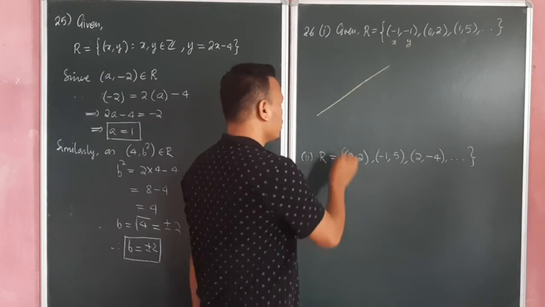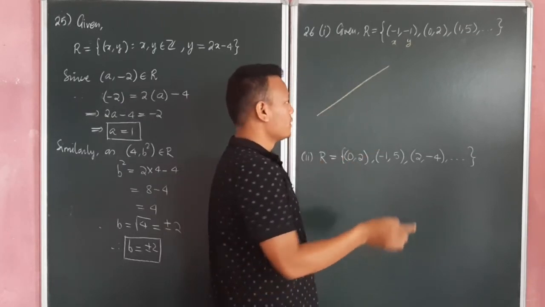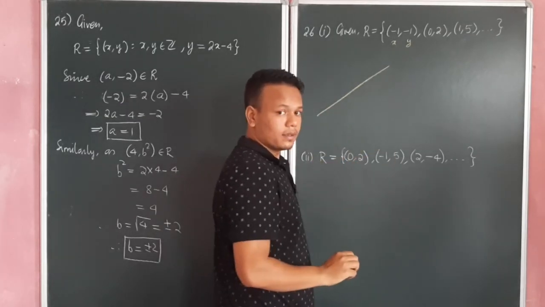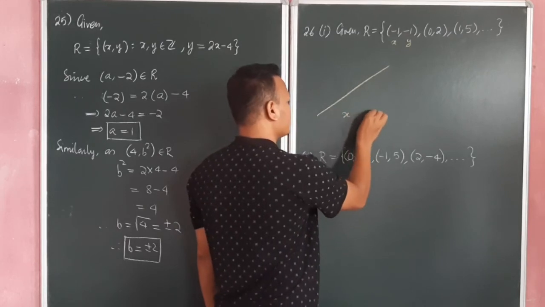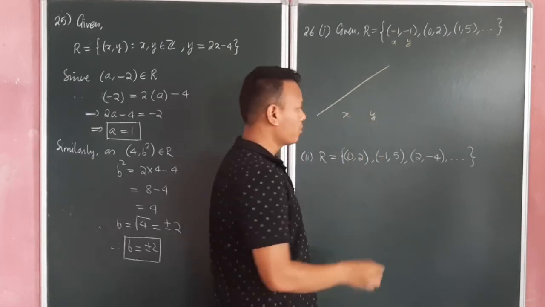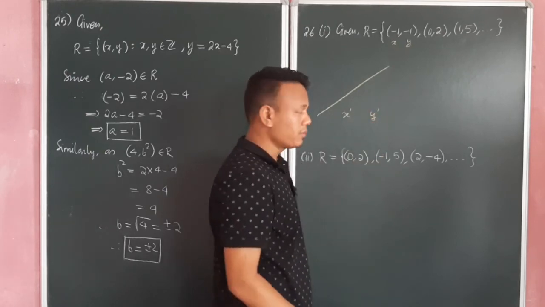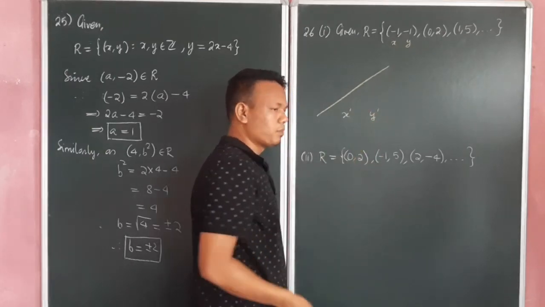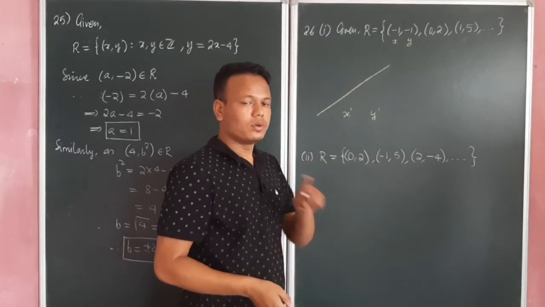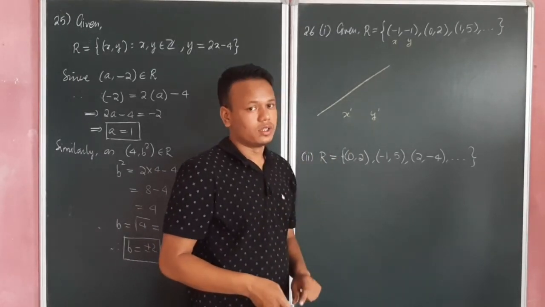Okay, and you already know that the equation of a straight line contains two variables x and y, and the power of both x and y will be 1. That means variables with power 1 give you a linear equation. That's what you need to remember.